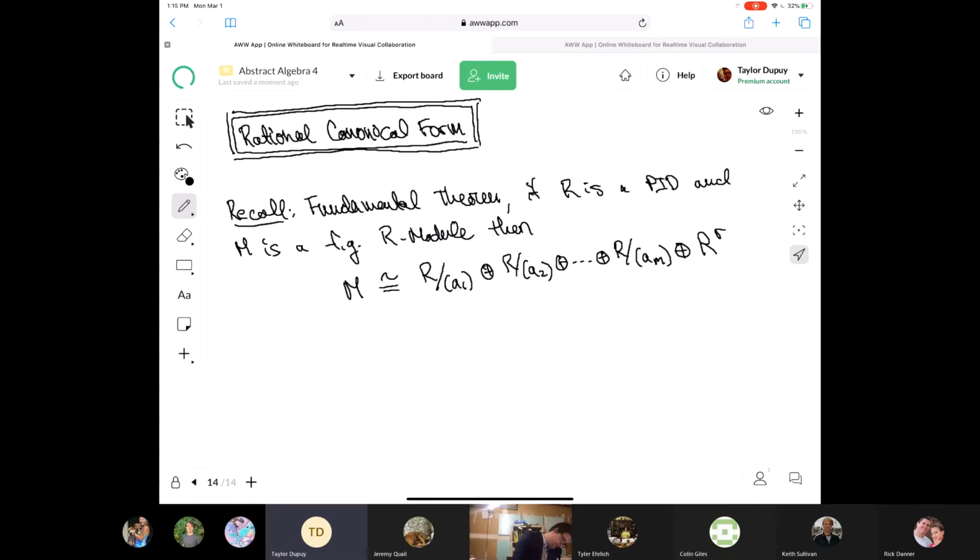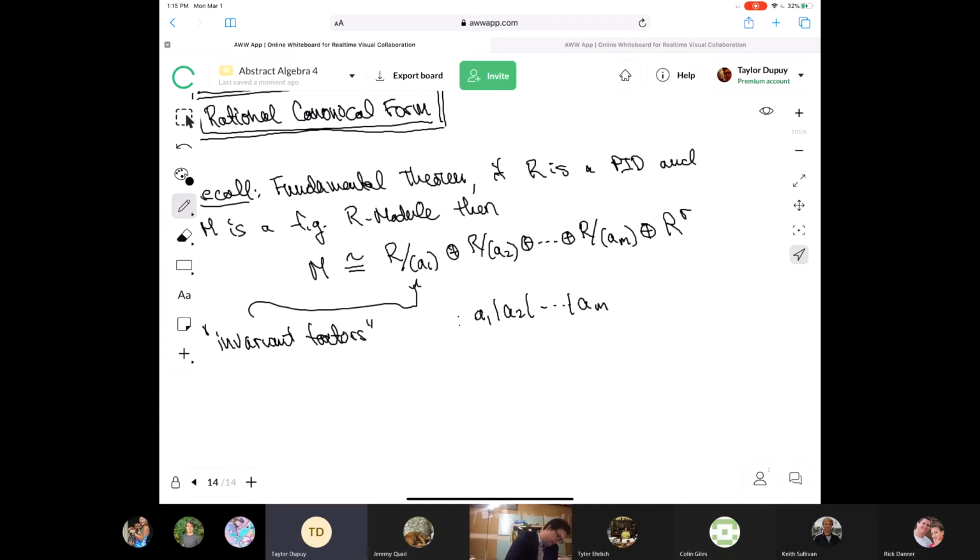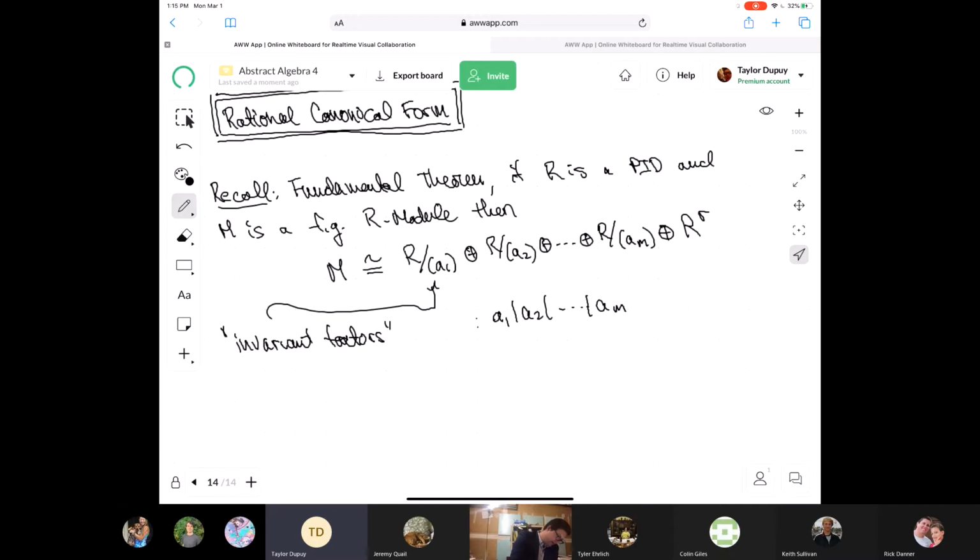These things here were called the invariant factors, either the polynomial or the element itself or the whole submodule. There's kind of an abusive thing where we talk about both of them. They satisfy a divisibility condition, that condition being A1 divides A2 divides ... divides A_m.